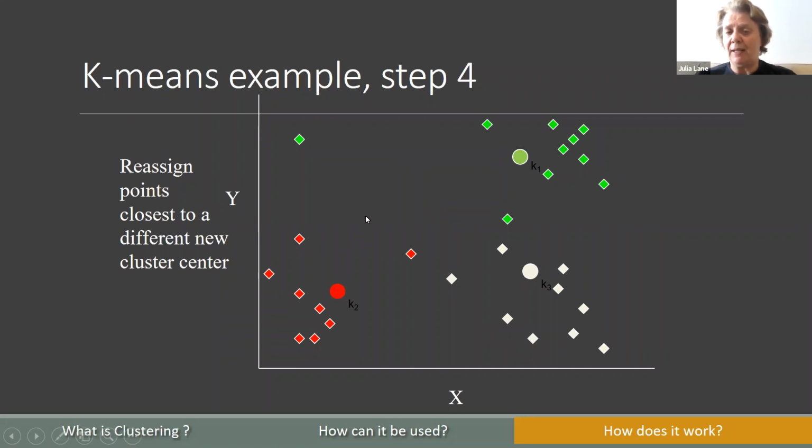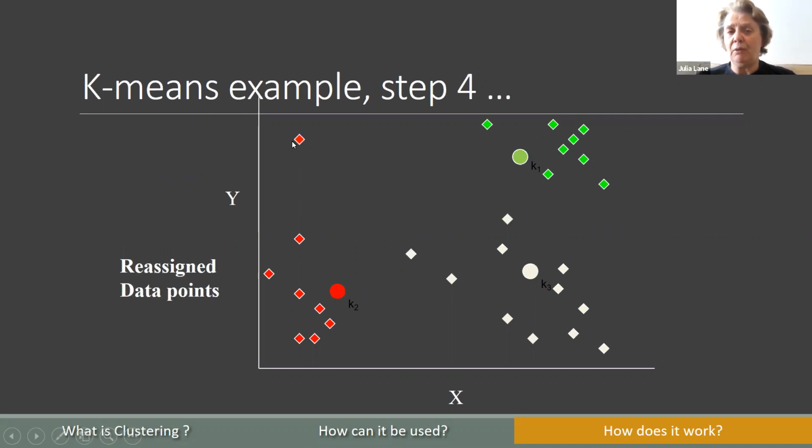I moved the red one down and the green one into the center of the greens, and that's orphaned this point. It's going to be closer to the red than to the green, so I reassign it to the red group.